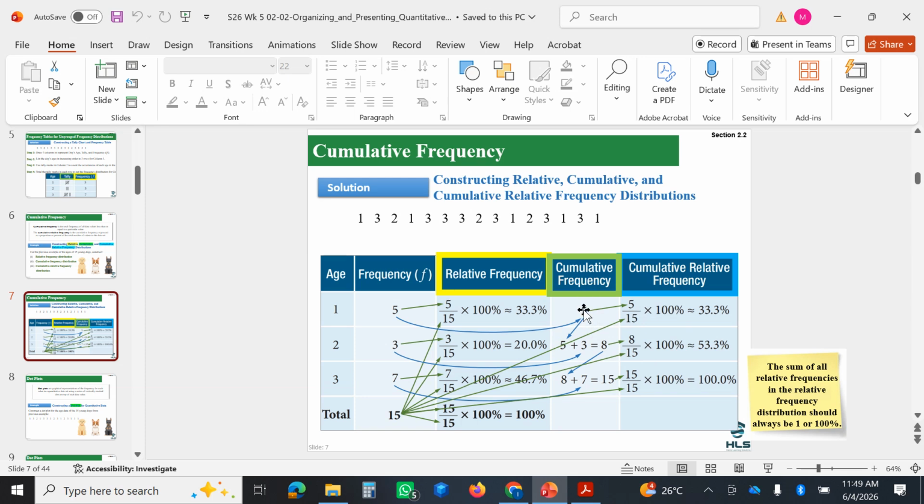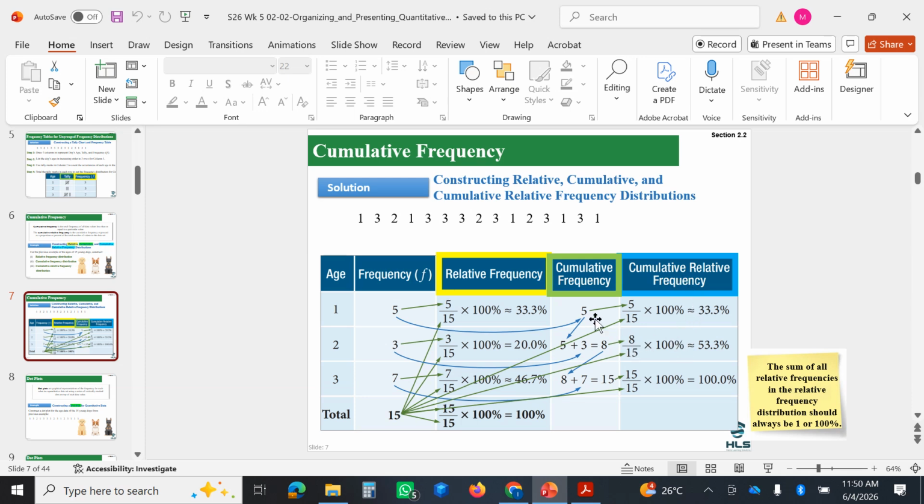So my cumulative frequency is 5, and then right here it's 5 plus 3, which is now 8. And if I want to include all 3, I'm going to incorporate all the data. So 5 plus 3 plus 7 equals 15. So you're just gathering your stones into your bag so your bag gets heavier. And this number here should always equal the total. And as with the relative frequency, here we're talking about percentage.